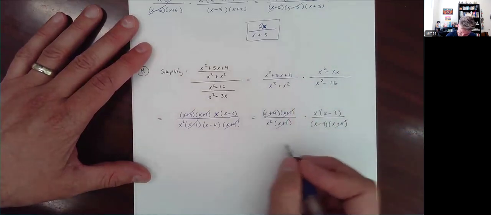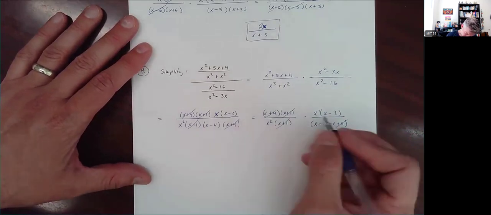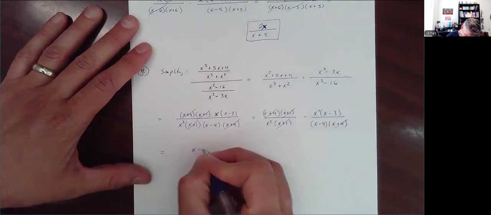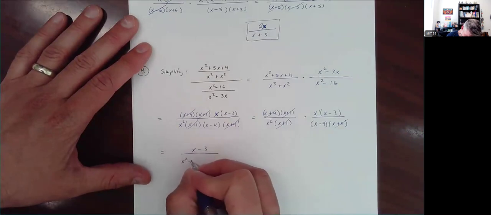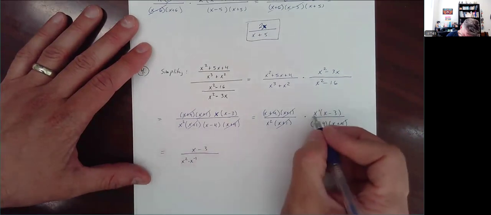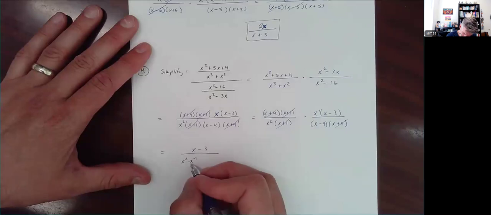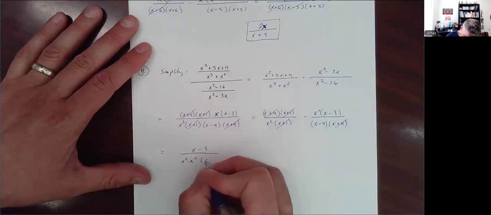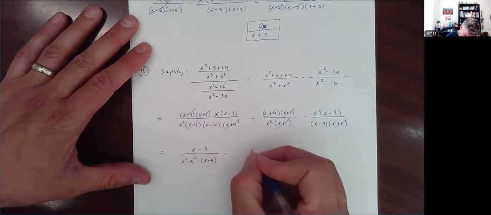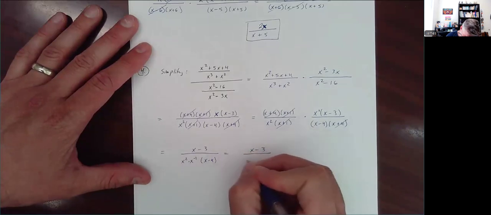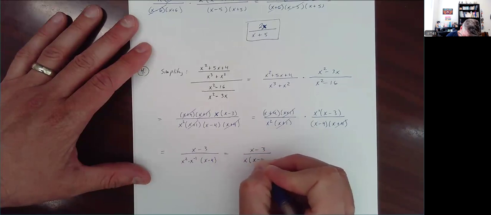If I bring that x to the first down to the bottom, it's x to the negative first. So I can rewrite this as x minus 3 on top over x squared times x to the negative first, that's coming down to the bottom, and then I still have an x minus 4. X squared times x to the negative first is just x. So I can rewrite this as x minus 3 divided by x times x minus 4.